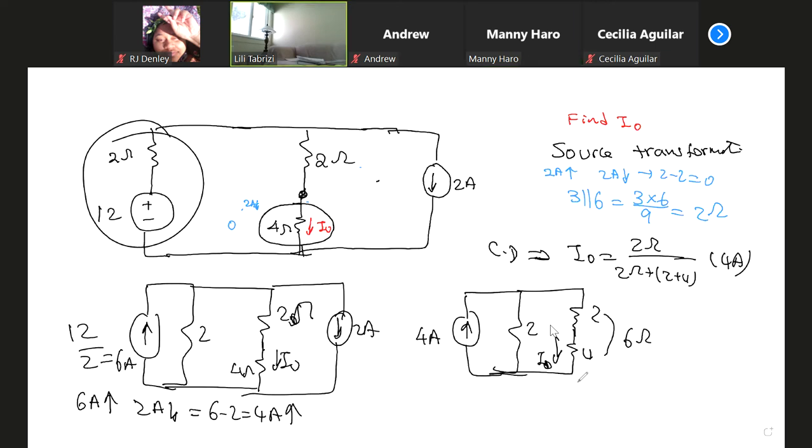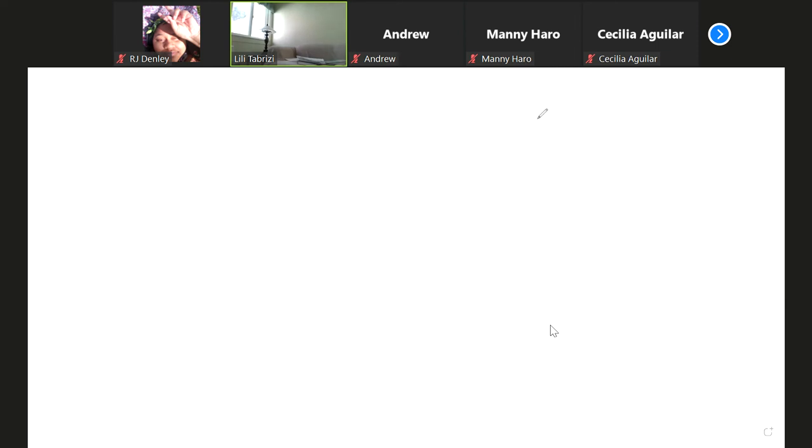But of course, some people are more comfortable, let's say, with mesh. I know many people. First of all, you have to check to see if source transformation is doable. As I said, I can show you some problems where source transformation is not doable, and it doesn't do anything. One example is, I'll come back to this example.